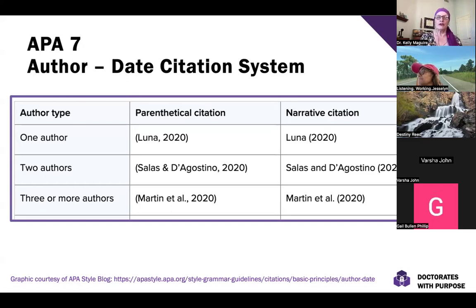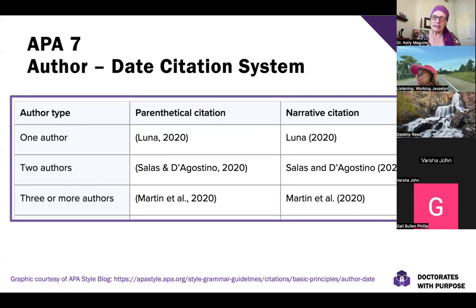So they will have either one author, two authors, or three or more authors. If we look across, it says that if we have one author and we're doing a parenthetical citation, we just take the author's last name, a comma, a space, the year of publication, and then we close the parentheses.